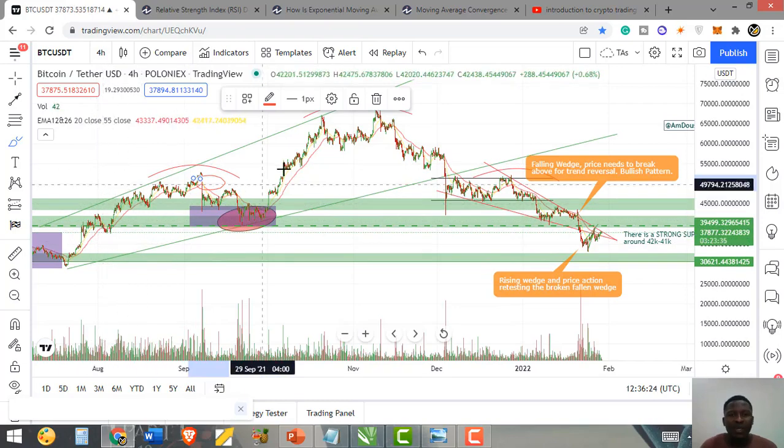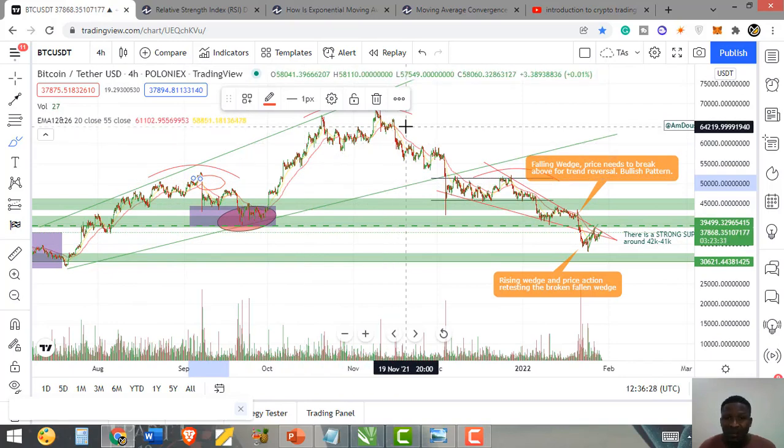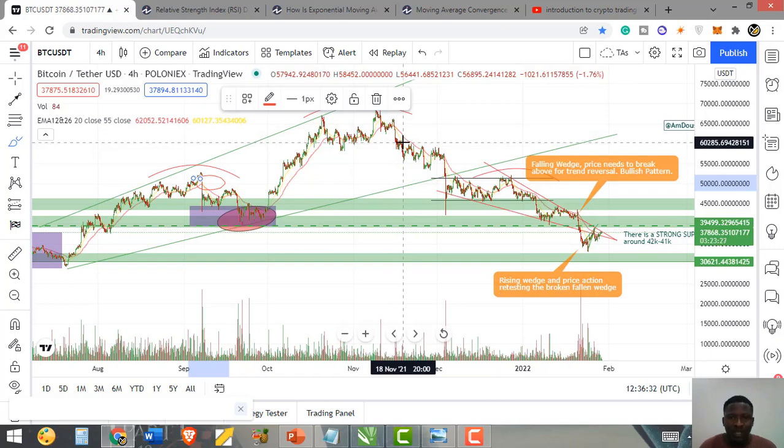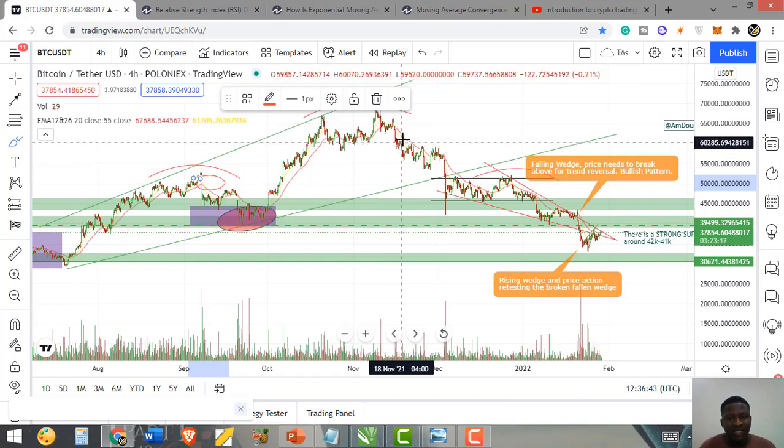Then whenever the red EMA crosses the yellow EMA and the red EMA stays above the yellow EMA and the candlestick is below the 20 and 55 EMA, that shows a possible sell-off. So you should follow it in that manner.